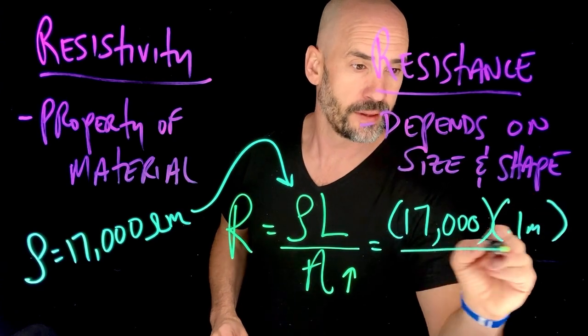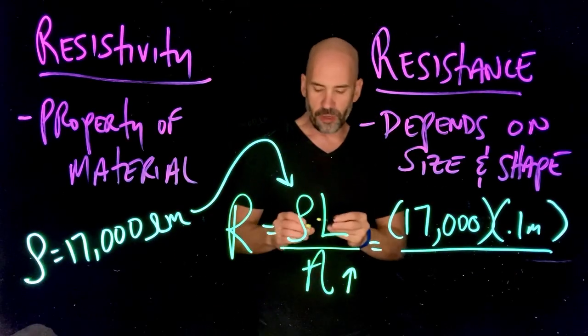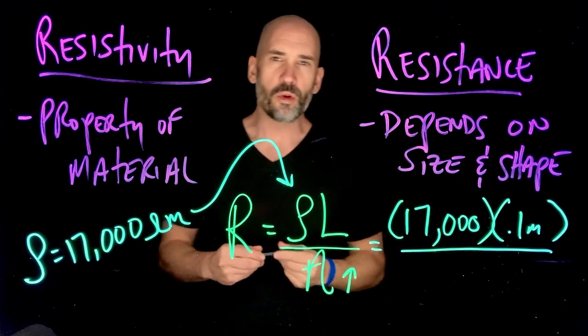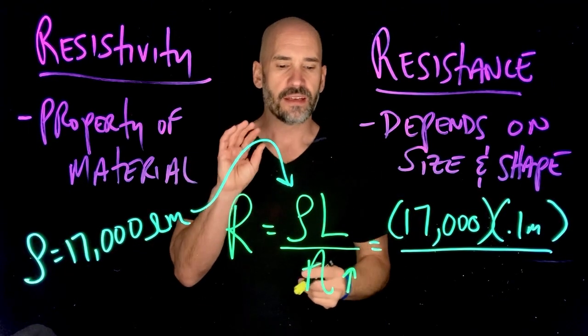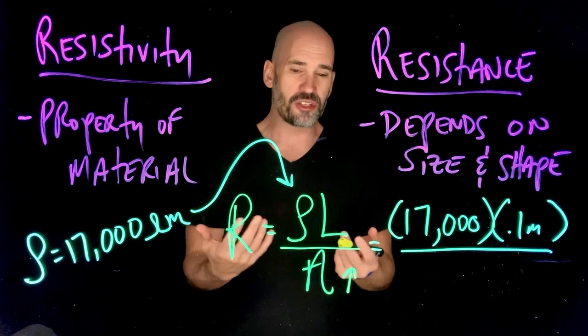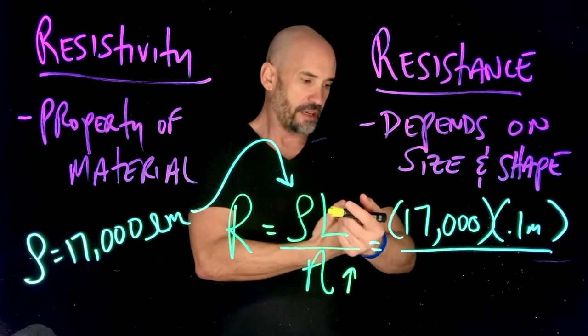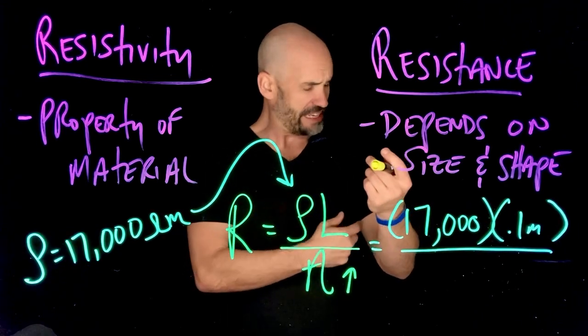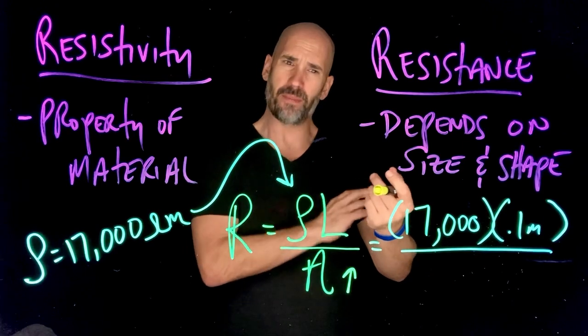All right? Okay. And so as far as the area goes, we have to make a little bit of an assumption. The assumption is, what is that cross-sectional area? And in order to find the cross-sectional area, we need to think of what actually is the shape of a bicep.